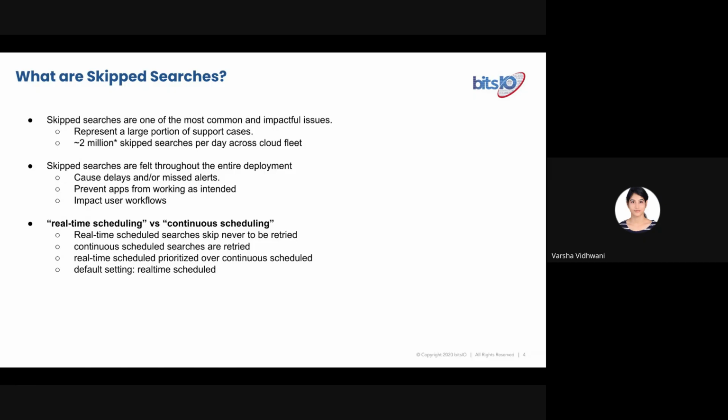For example, if you are running a search every minute and it is skipped in this particular minute, it will not be retried again for that minute. It will wait for the next instance, so the next minute, or if it runs every 5 minutes, it will try again in the next 5-minute window that it is scheduled for.